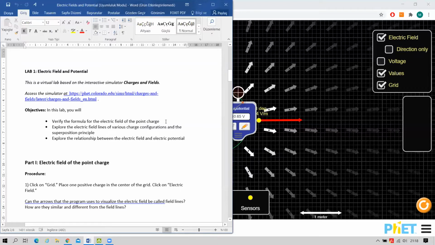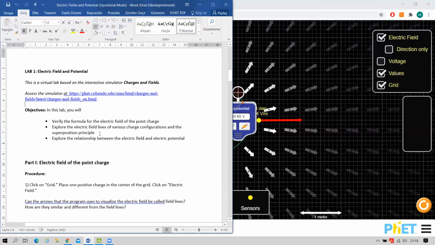You will verify the electric field formula for a point charge. You will explore the electric field lines for various charge configurations, and you will verify the superposition principle.